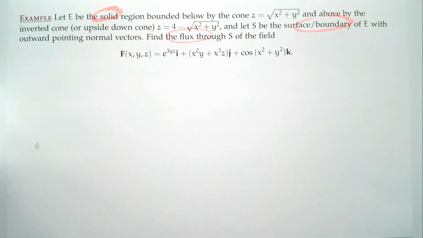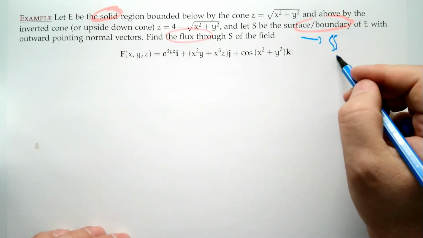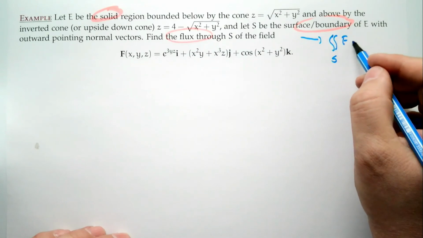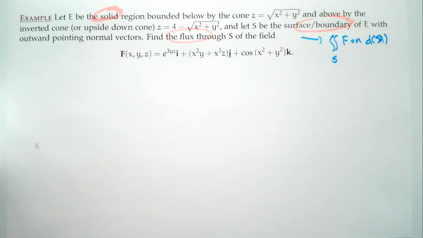So flux through the surface here is just shorthand for saying that I want to integrate over S of f dot n dS, the surface area. So there are keys here that tell us this really is a divergence theorem problem.